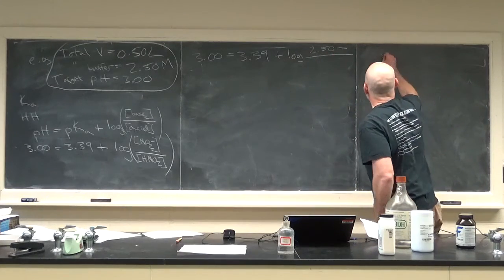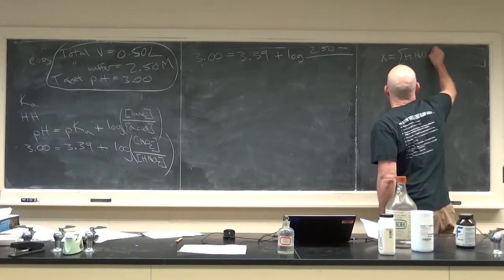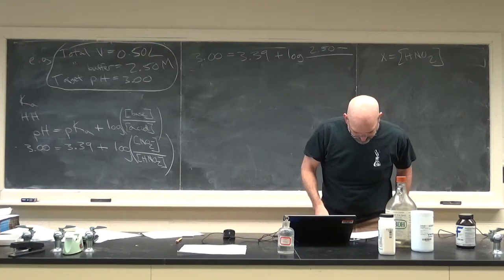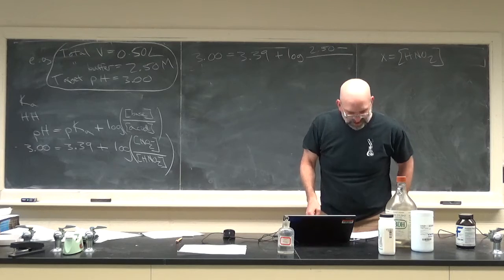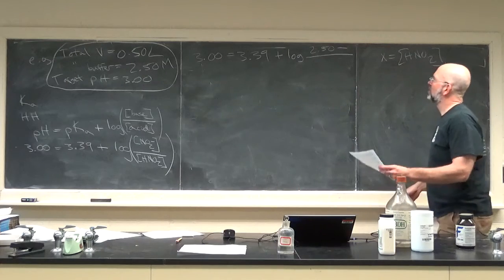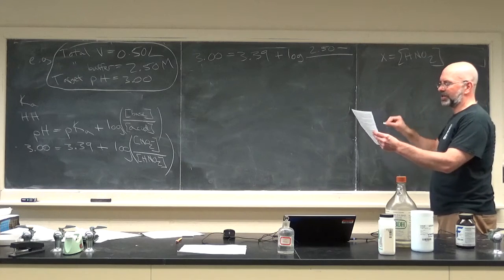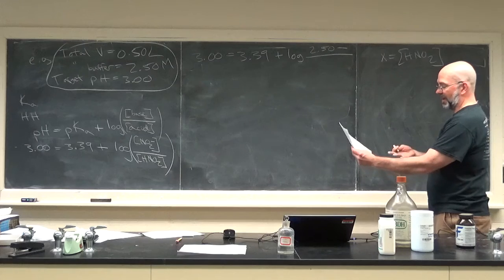I'm going to let X equal my HNO2 concentration. I think that's right. Yeah. So rather than keep writing bracket HNO2, bracket HNO2, let's just make it simple. Let's simplify the algebra.